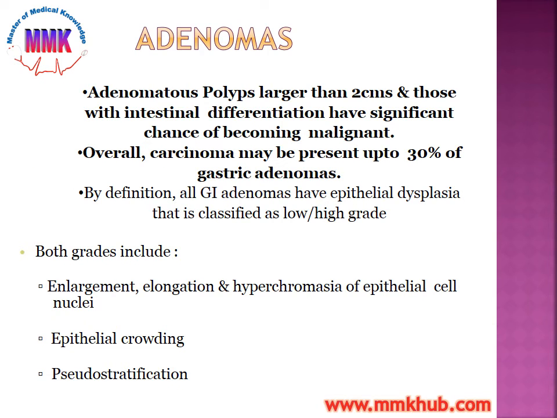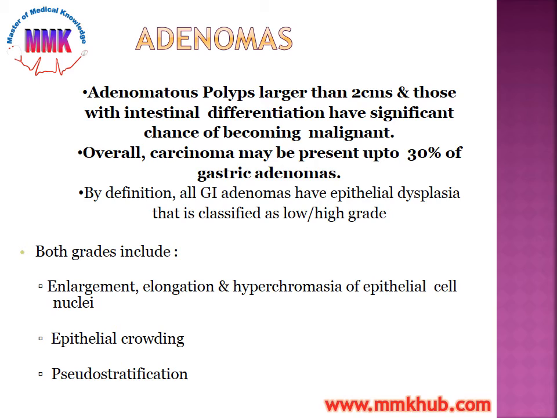Adenomatous polyps larger than 2 cm and those with intestinal differentiation have a significant chance of becoming malignant. Overall, carcinoma may be present in up to 30% of the gastric adenomas.